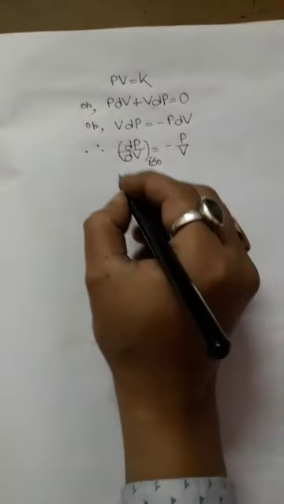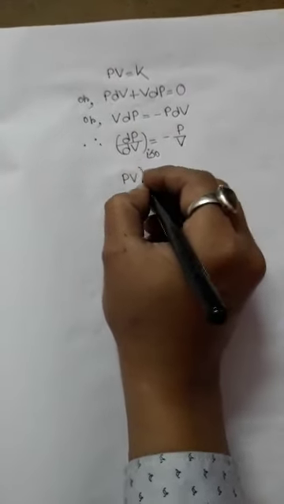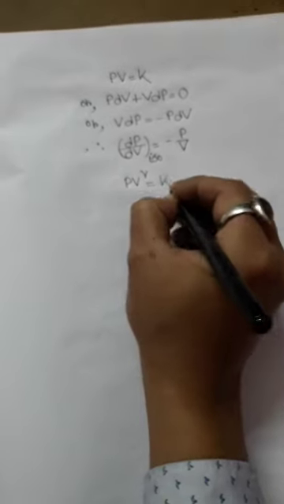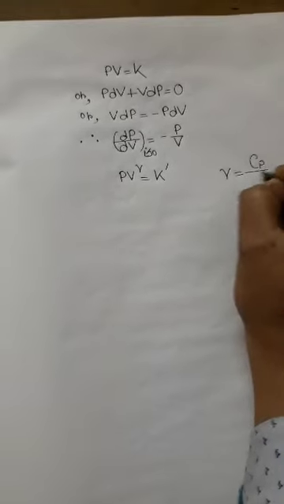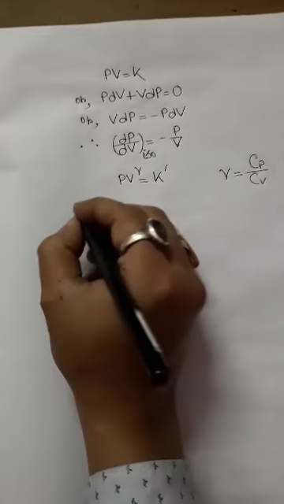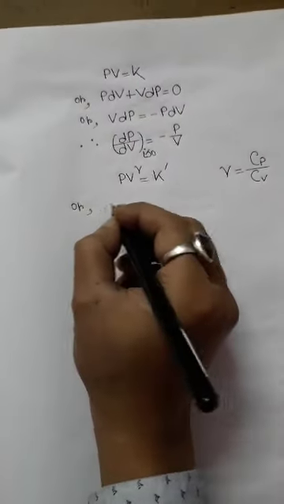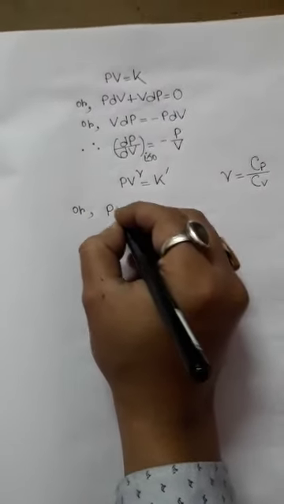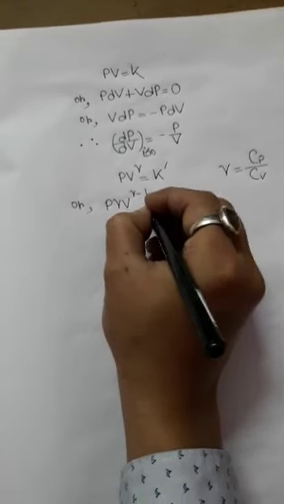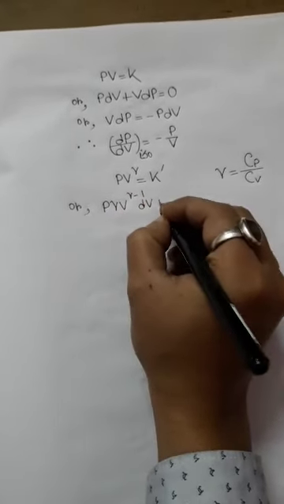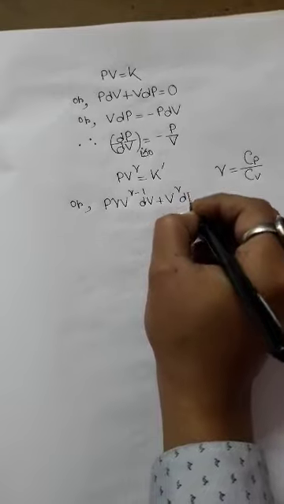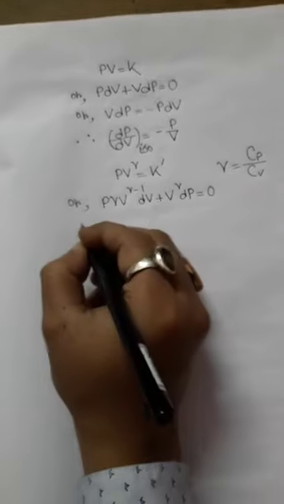Now in the case of an adiabatic process, P V to the power gamma is equal to a constant, say K dash, where gamma is the ratio of the two molar specific heats. Now if we differentiate this, we get P into gamma V to the power gamma minus 1 dV plus V to the power gamma dP equal to 0.